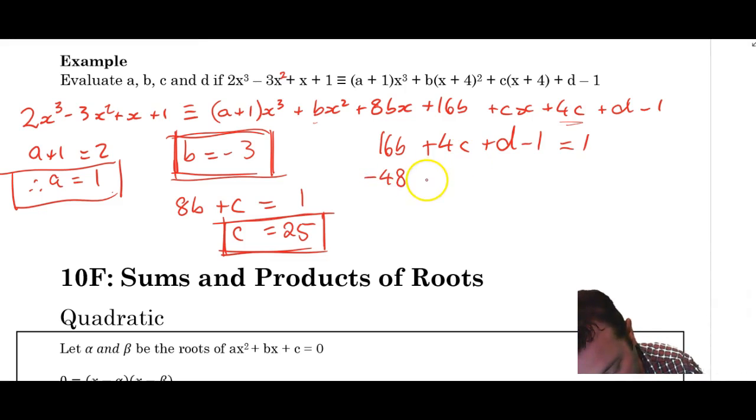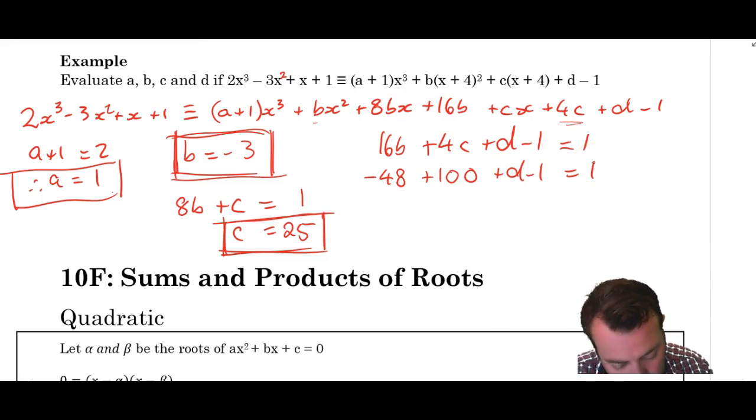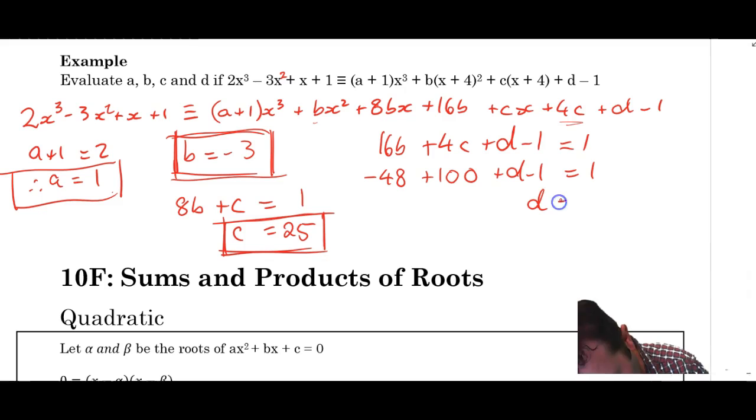Now 4c is 100, plus d minus 1 equals 1. Well, this gives me 52 minus 1 is 51. Subtract 51 from both sides, and I've got d equals -50.